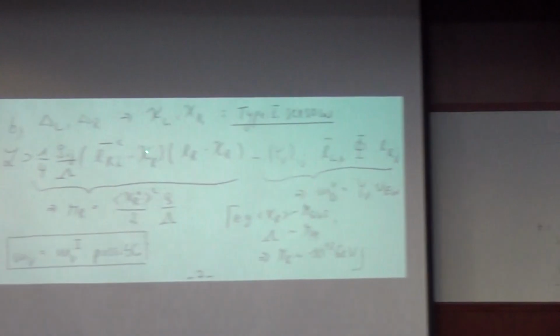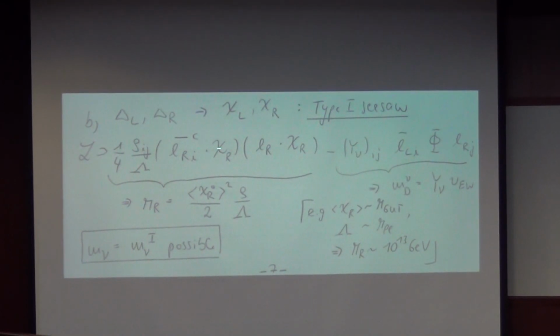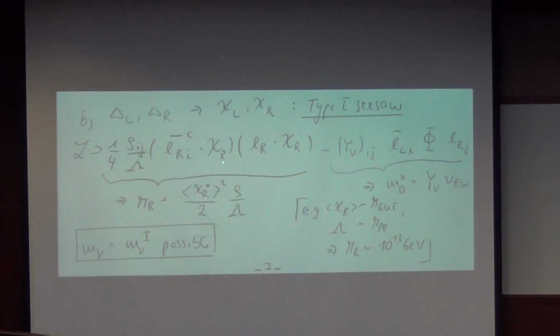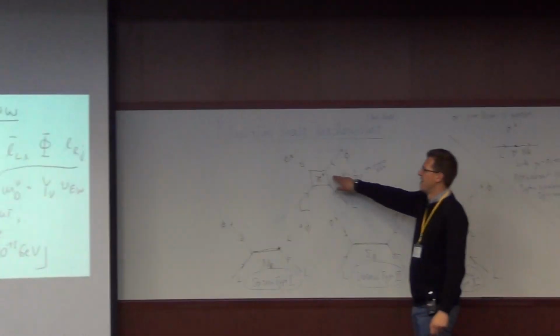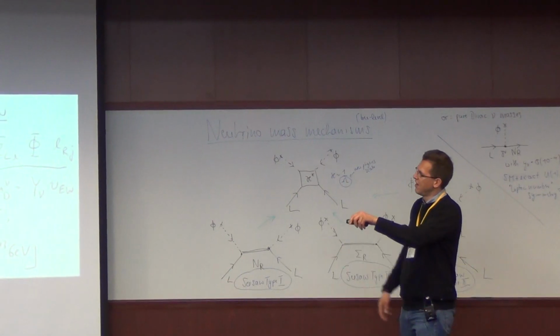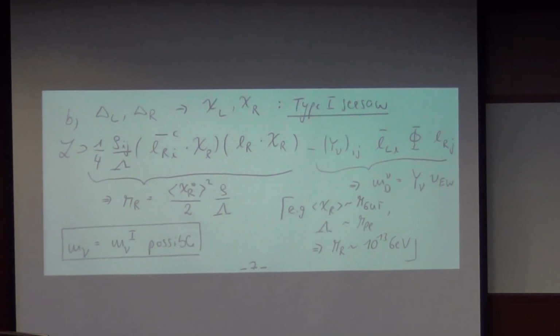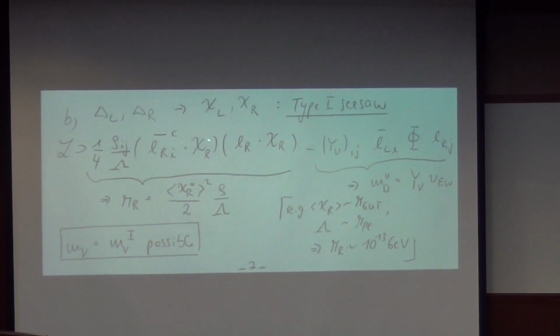But you still have to give masses to the right-handed neutrinos, and these masses indeed emerge from an effective operator of this type. It's very similar to, if you remember, the operator that we had here for the left-handed neutrinos, but now it's the analogous term for the right-handed neutrinos. The difference here is that this scale, so the VEV of this field here, will be very large.